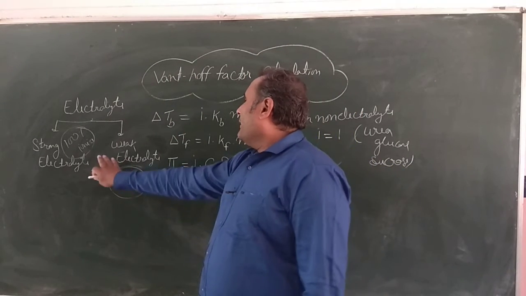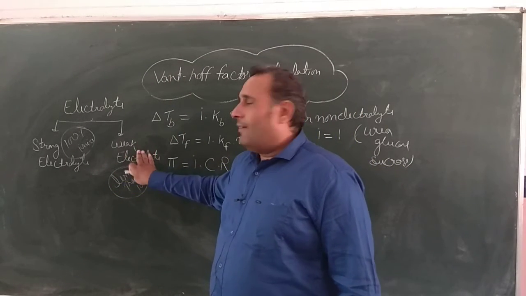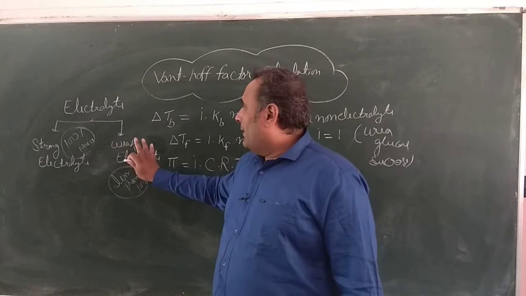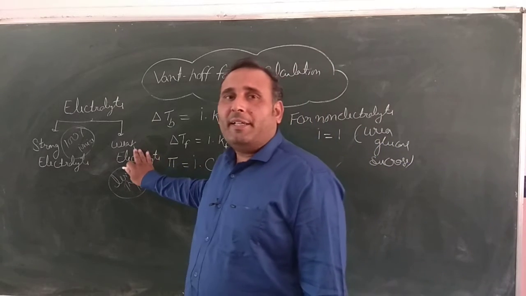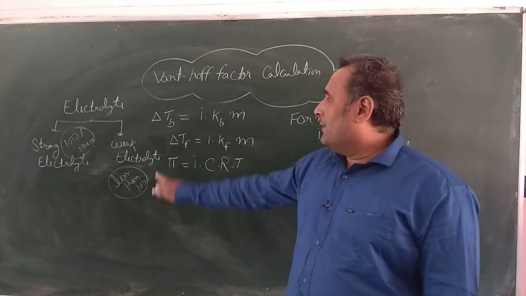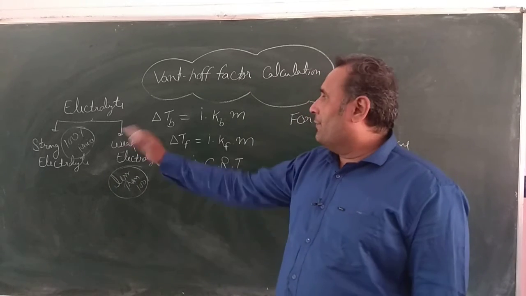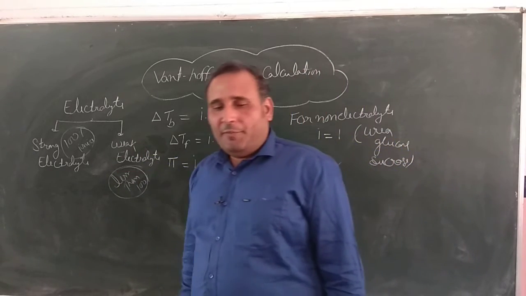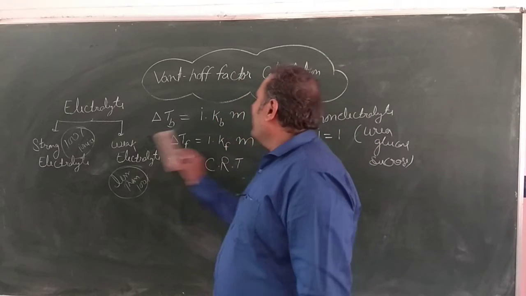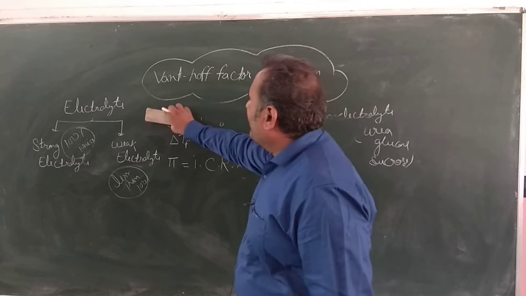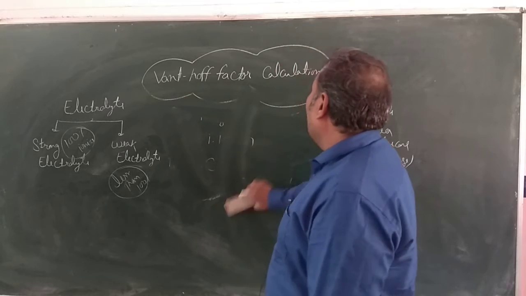Anything can be, but it is never 100% ionized. So there is a difference between strong electrolyte and weak electrolyte. Now our question is how we can find out the Vant factor for strong electrolytes and weak electrolytes.